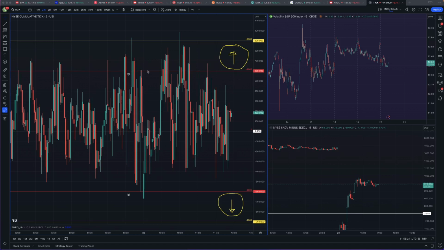I have alerts set on 600 and minus 600, so that if I'm not looking at these charts and the alert goes off, I just know to check my positions because the market's moving in one direction or the other as a whole. Now, not all names move with the market, and some names will move independent of the market. But it's just a general reading that helps you glance at what's happening in the market in real time.